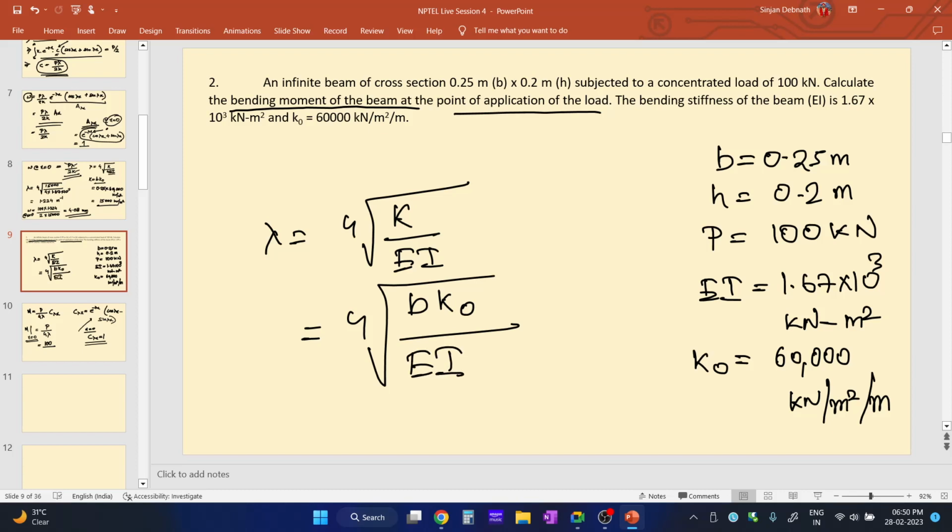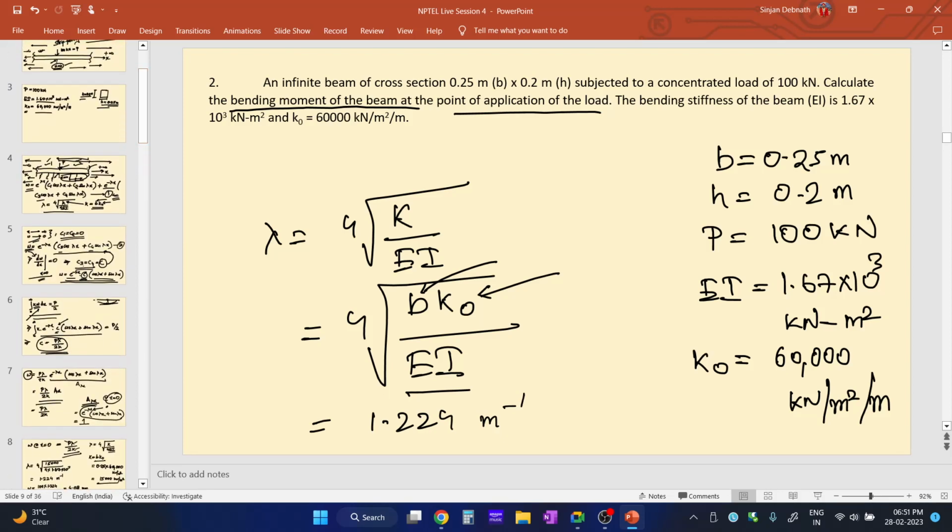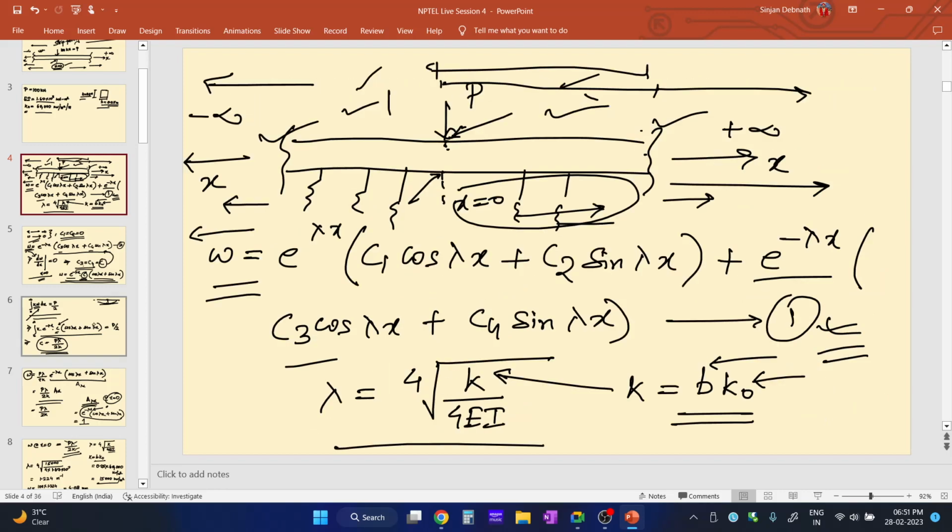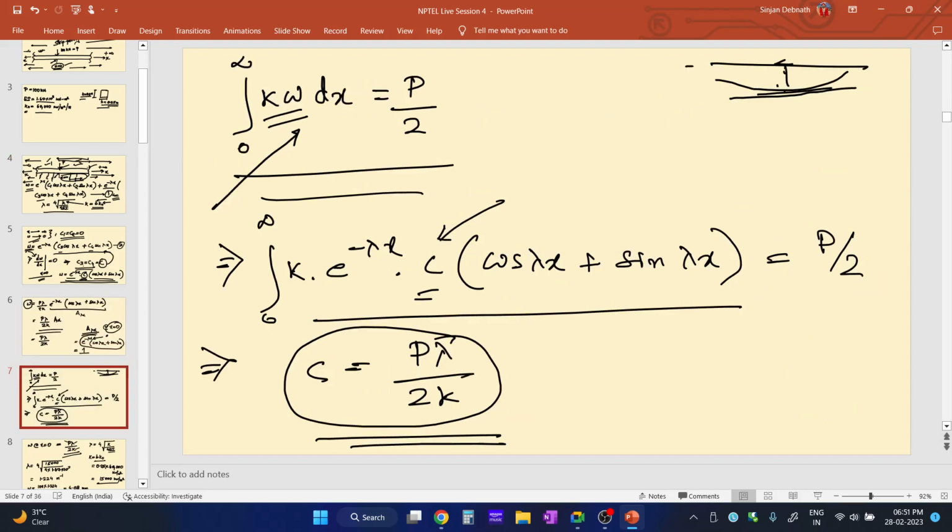What is K? K is B into K0 by EI. Since the present question is similar to the last question, the breadth is similar, K0, the subgrade modulus, is also similar, and EI is also similar, so the value of lambda will also be similar. Lambda is equal to 1.224 per meter.